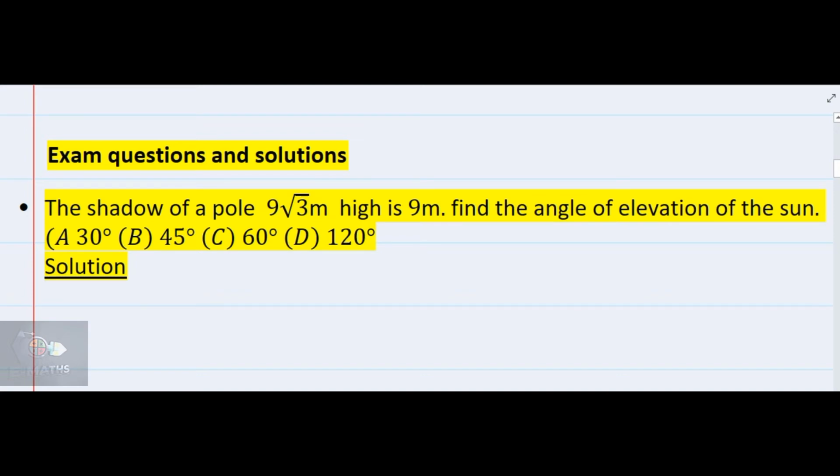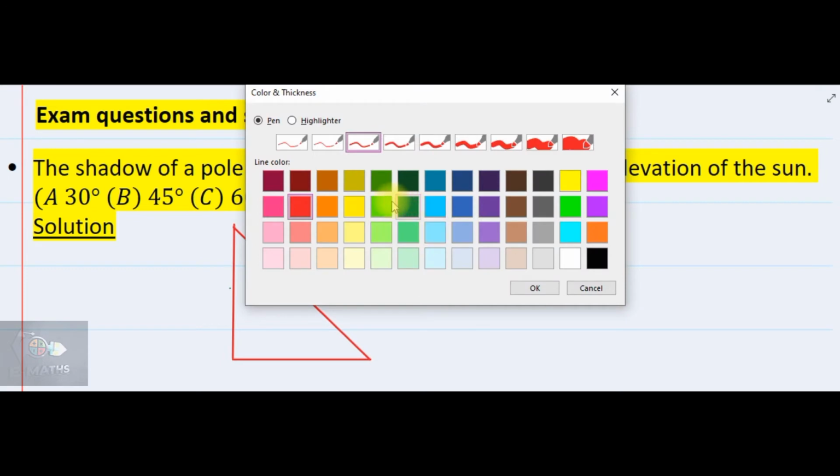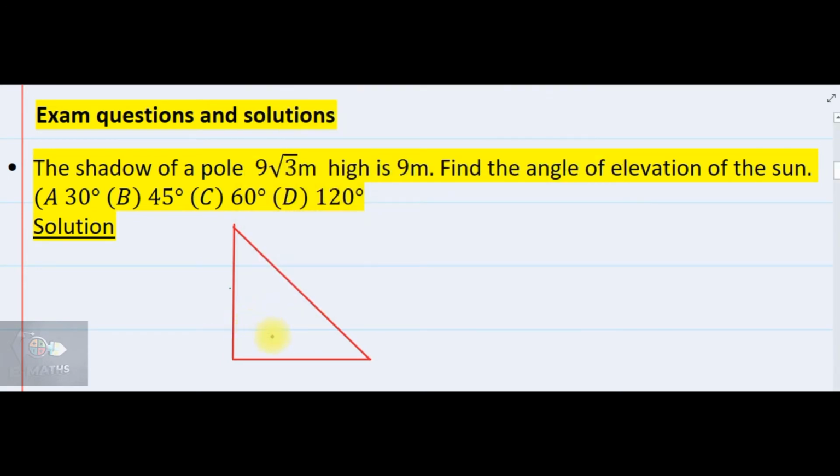The first question: the shadow of a pole 9√3 m high is 9 meters. We have to find the angle of elevation of the sun. Let's start by drawing the pole.